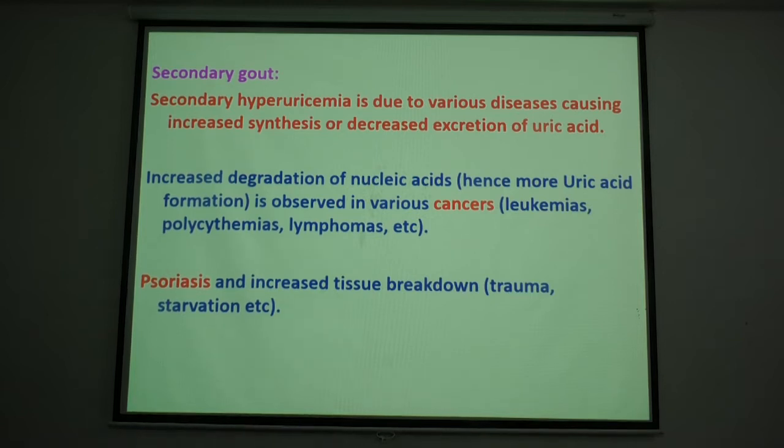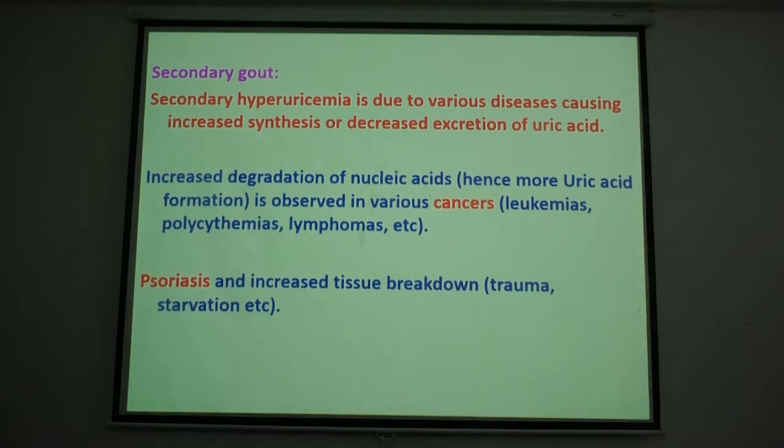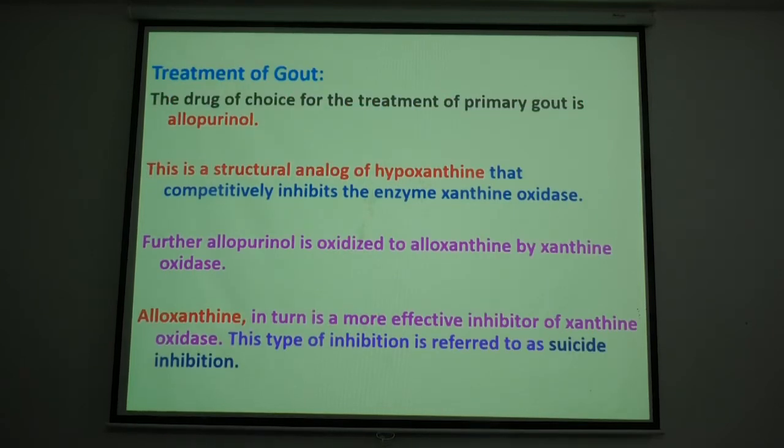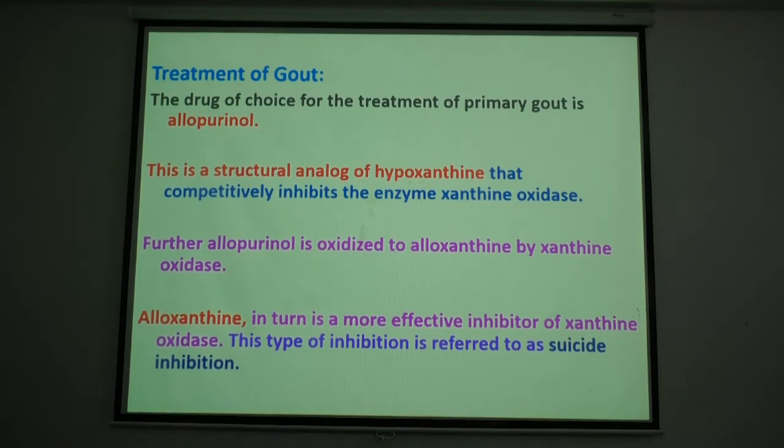Second is now the treatment of gout, which we already discussed. That is allopurinol. It is a very effective inhibitor of xanthine oxidase. It will inhibit xanthine oxidase. So after inhibiting xanthine oxidase, what will happen?